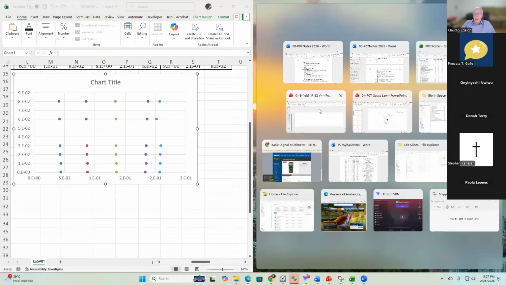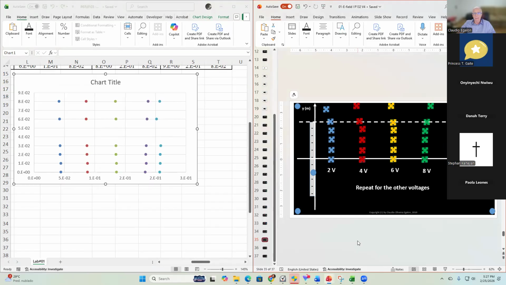Right in here you go. See that? Somewhat, right? Bending towards the closer electrode, bending towards the closer electrodes, right? Here too, bending towards the closer electrodes, right? They're almost the same.